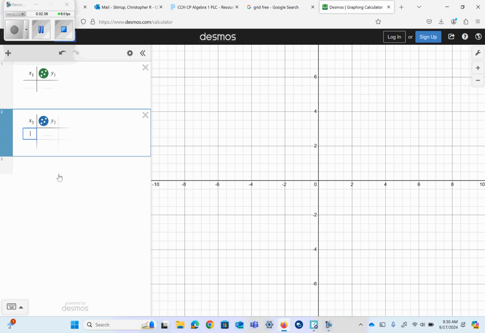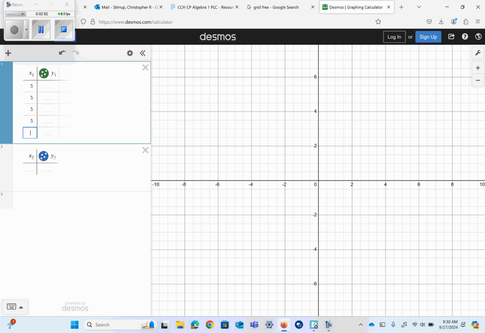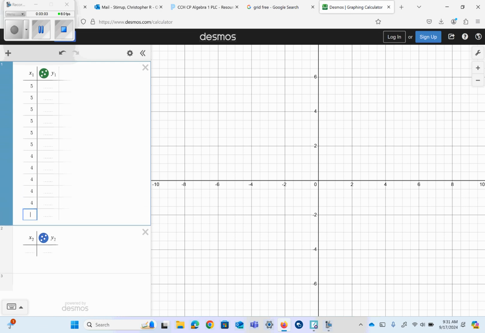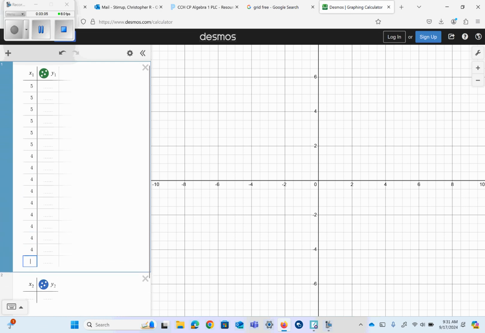Yes. So I'm going to take all the scores and plug them in. Let's think how we're going to do this. We had 6 students that scored a 5, so I'm going to go up here to X1: 1, 2, 3, 4, 5, 6. And then we have 10 fours: 1, 2, 3, 4, 5, 6, 7, 8, 9, 10.